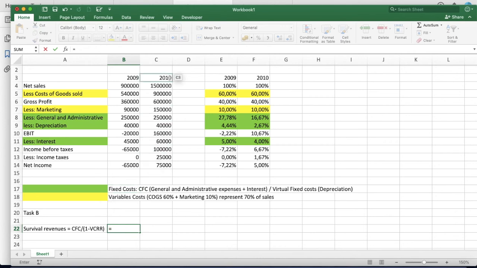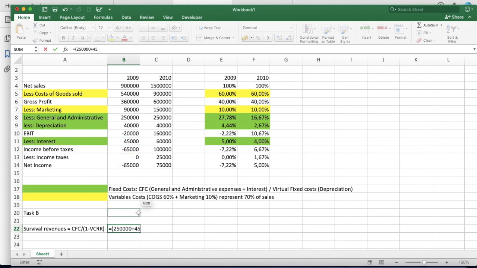So for 2009 we have $250,000 as general expenses, plus, now we are supposing that the interest will remain constant, right?